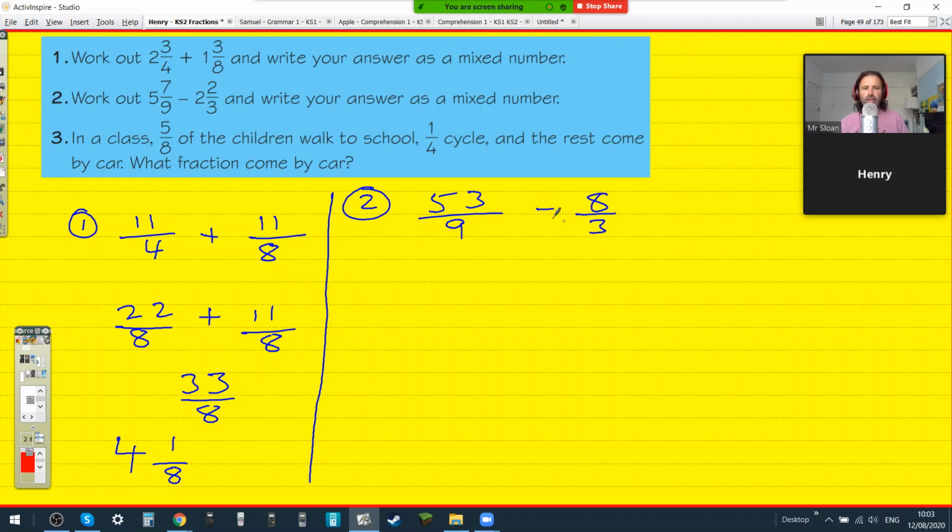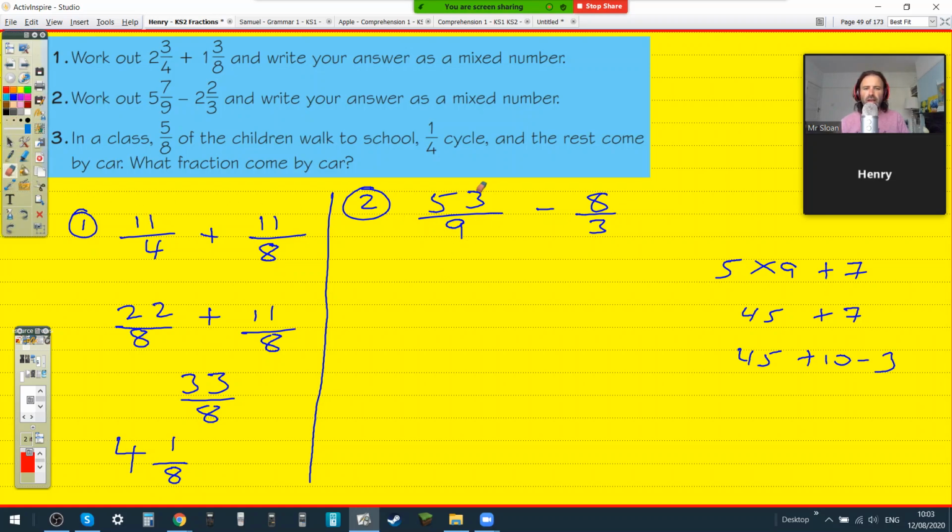Hang on, I want to check this. 53. So 5 times 9 plus 7. So 45 plus 7. What is 45 plus 7? Oh, 52 then. So that's 52.